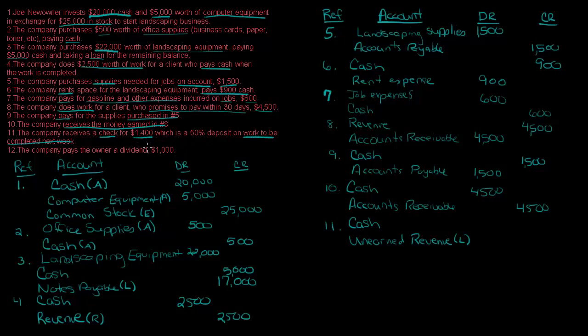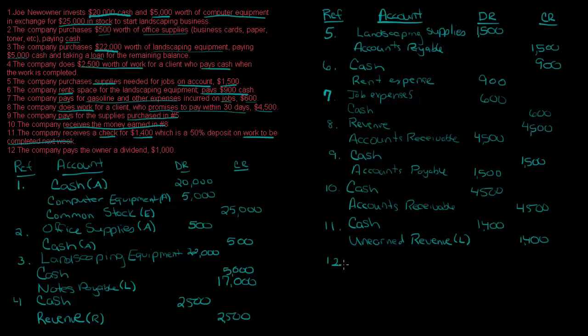Okay, which one's my debit? Well, I received cash, so my cash is going up. It's $1,400. My liability is increasing, right? I now owe this client $1,400 worth of work, so I have a new debt. So unearned revenue is my credit.